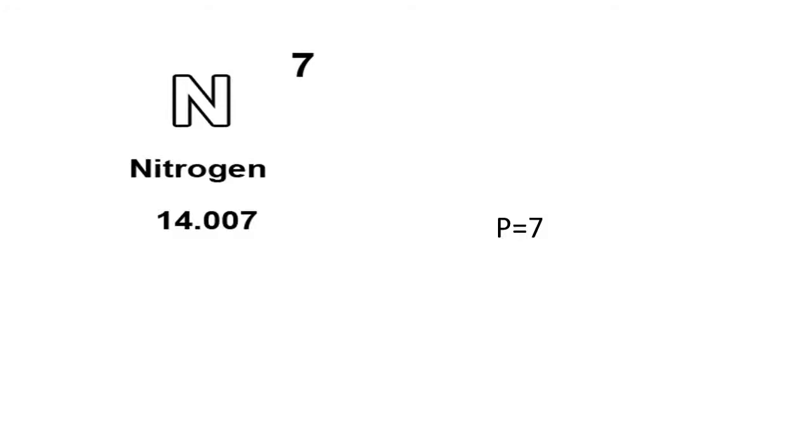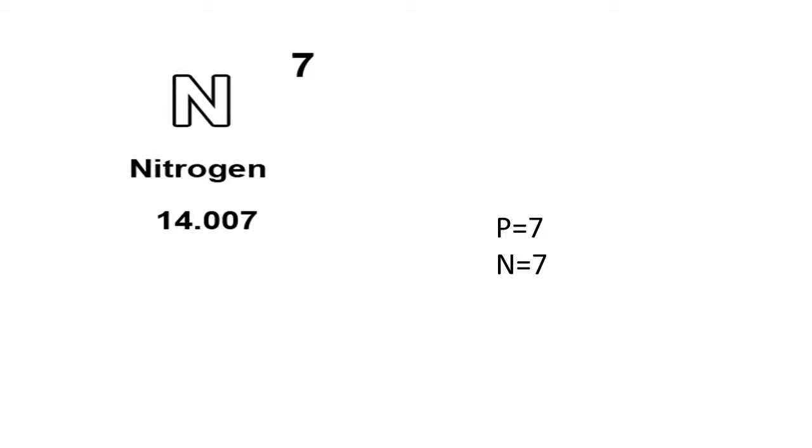What some people do, mistakenly, is they see that and they think nitrogen has got 7 protons and 14 neutrons. No, that's not the case. The entire nucleus of a nitrogen atom weighs 14. 7 of those 14 are protons, so how many neutrons must there be? Well, there must be 7.